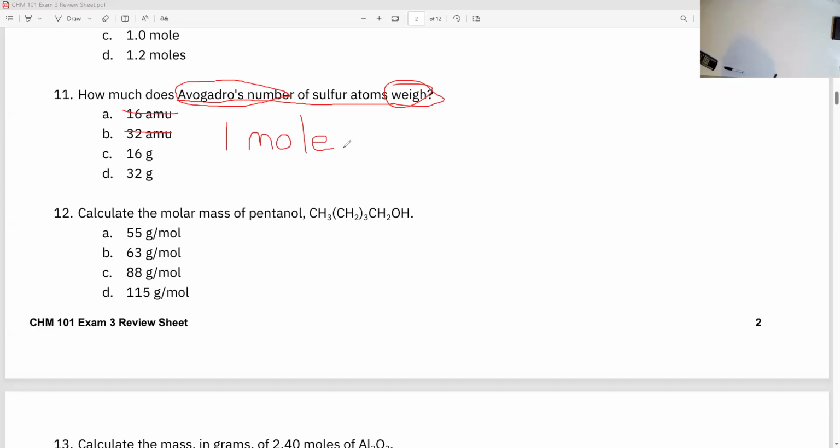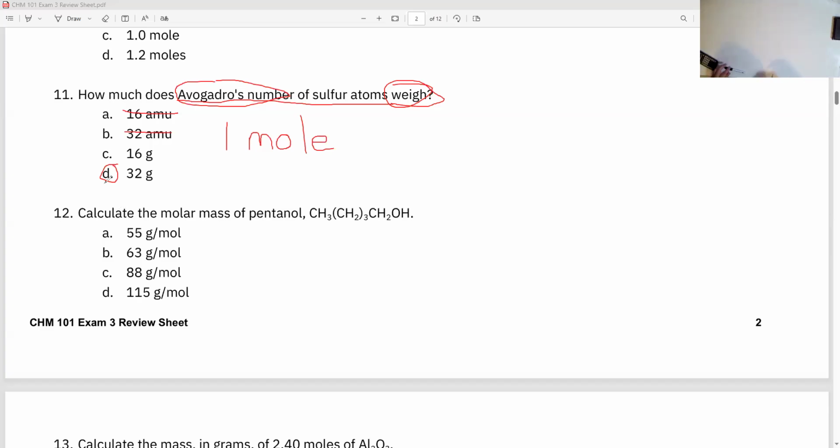And I can use the number on my periodic table to tell me how much 1 mole of sulfur atoms weighs. The number on the periodic table for sulfur is 32.07. So out of these two answer choices, I would pick choice D to represent the grams that would be present in 1 mole of sulfur atoms.